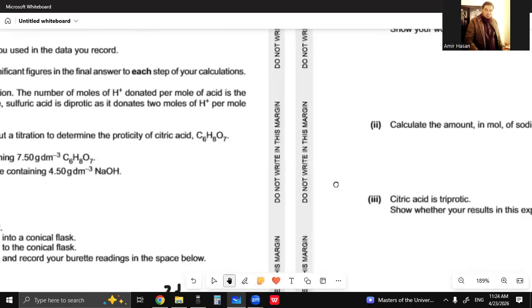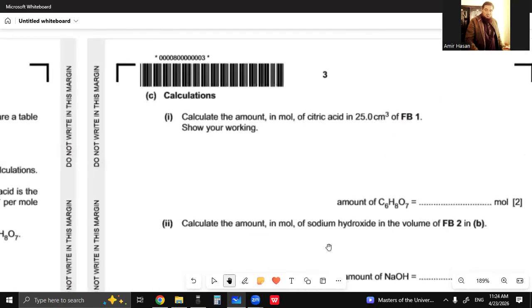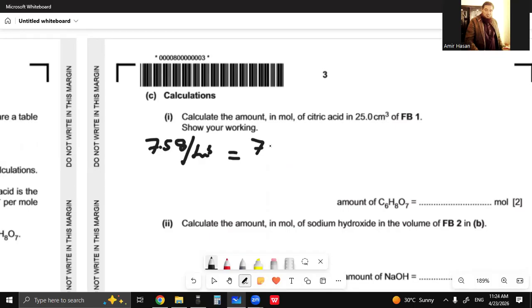Okay. First, you change this concentration into moles. It is given as 7.5 gram per cubic decimeter. First, you change this 7.5 gram per cubic decimeter into mole. How do we change? You divide 7.5 by the total mass of NaOH. What is the total mass of NaOH?